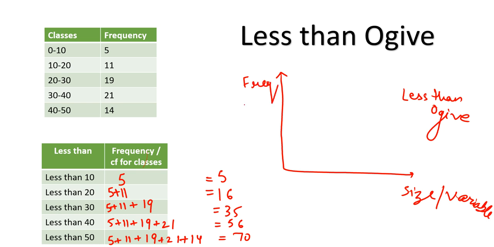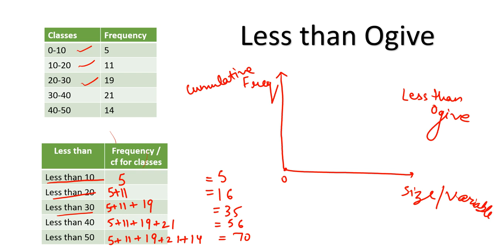Now remember one thing, these are cumulative frequencies for classes 0 to 10, 10 to 20, 20 to 30. But these are frequencies for less than 10, less than 20, less than 30. So we'll simply write it as cumulative frequency, and mark our ogive.